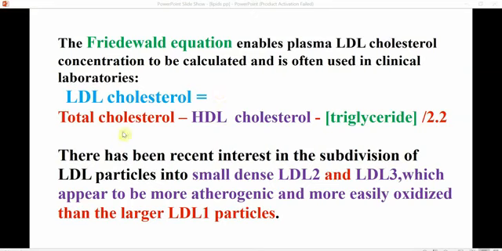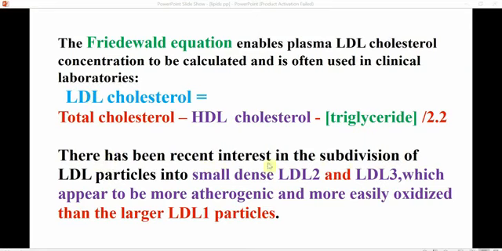This equation applies when the concentration is expressed in millimole per liter. If we use the traditional units of milligram per deciliter, this factor will be 5. Triglyceride divided by 5 will represent the VLDL particles, which is subtracted from total cholesterol together with HDL to give us the estimate for LDL cholesterol.